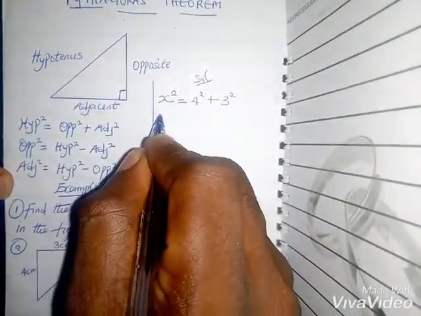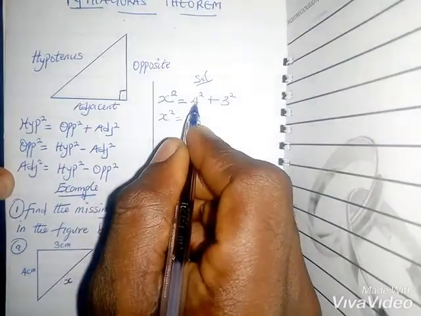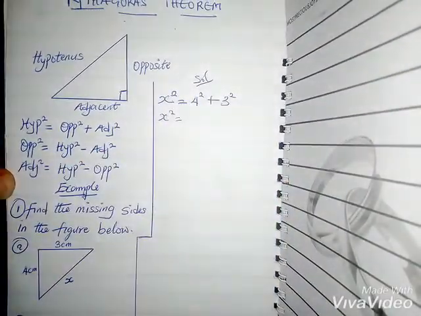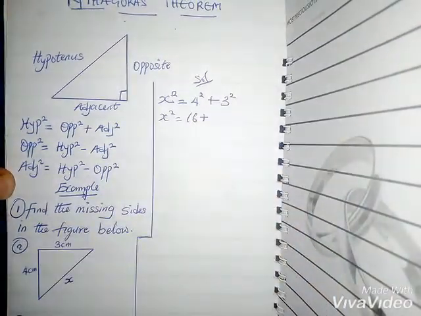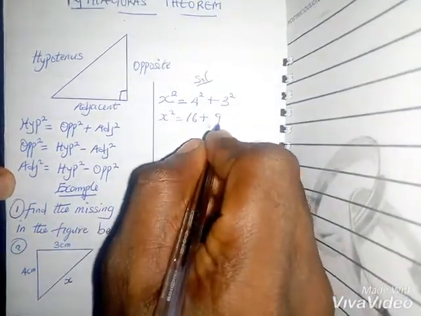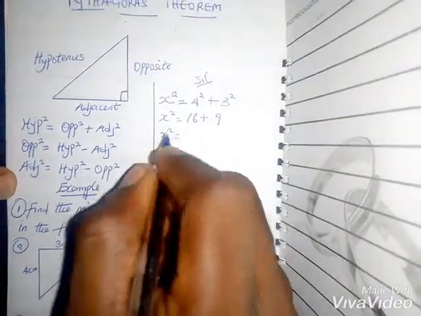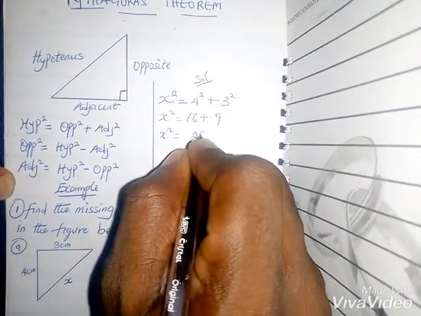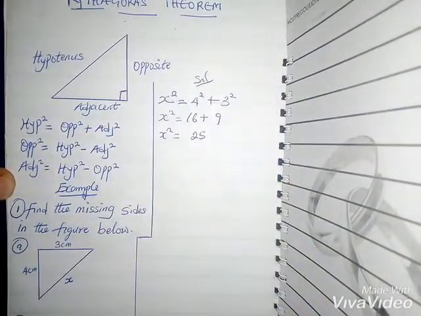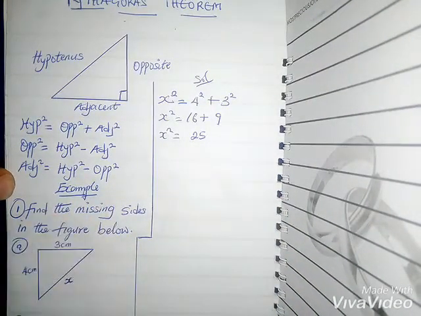We now simplify further. x square is equal to 4 square, which means 4 times 4, which is 16, plus 3 square, which is 3 times 3, which will give you 9. x square is equal to 16 plus 9, which will give us 25. So what next? You find the square root of 25. Let's find the square root of both sides.